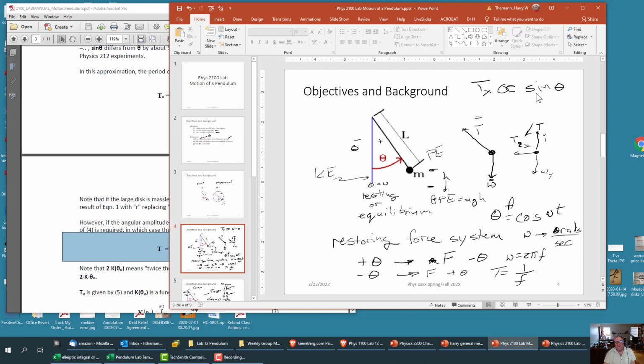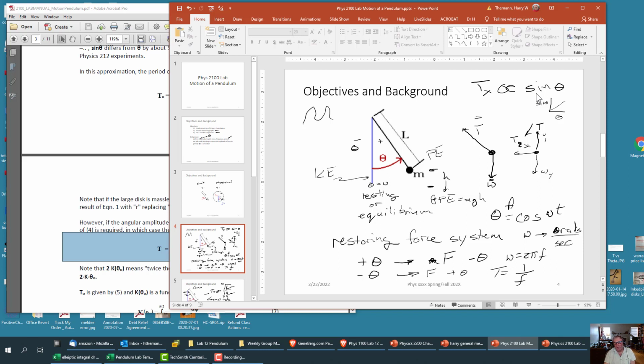And when we plot sine, it's this kind of funky looking thing. But if in some region of small theta I can say that theta and sine of theta are equal, then I can get rid of this curvy stuff, and it makes it much easier.